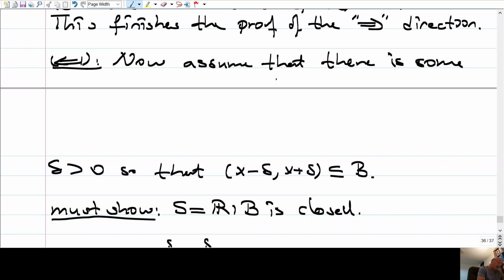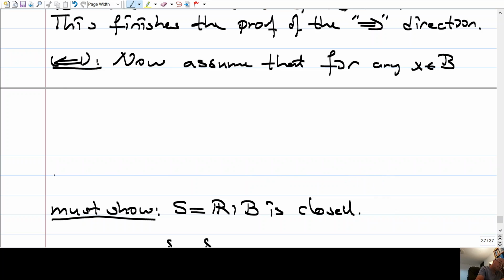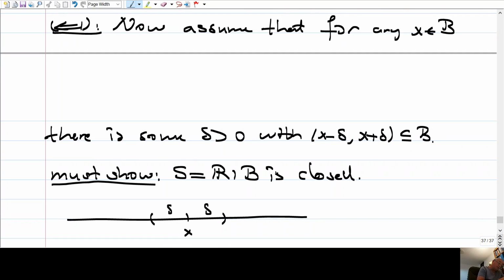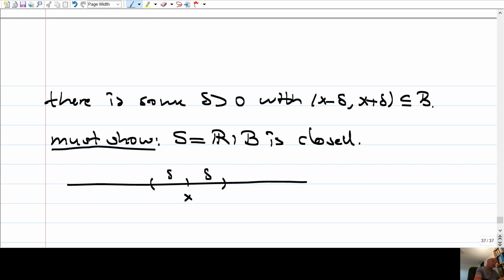We assume that for any X in B, there is some delta positive with X minus delta, X plus delta lies inside B. So we must show that complement of B is closed.